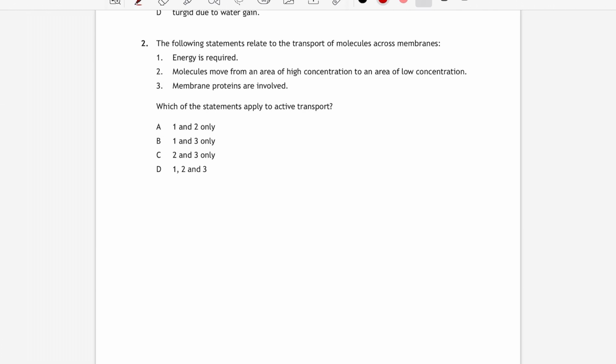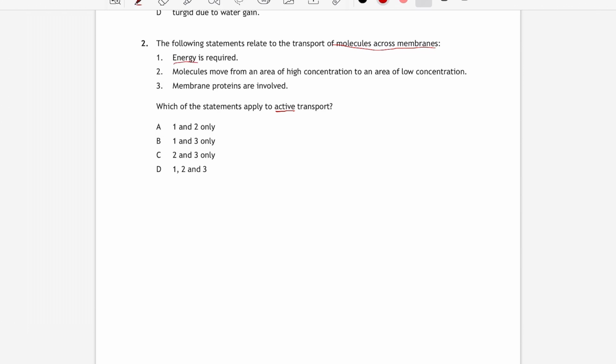Okay, so we are looking at transport across membranes and statements relating to active transport. Now, active tells me that I'm moving around and I'm burning lots of energy and I'm not being lazy, and passive is the opposite. So, energy is required.